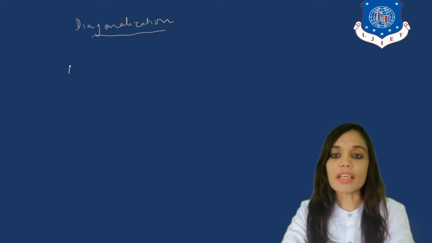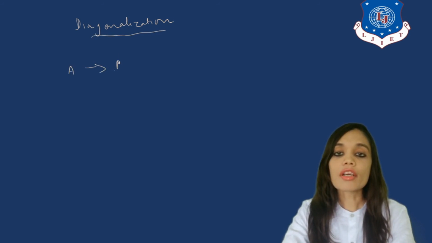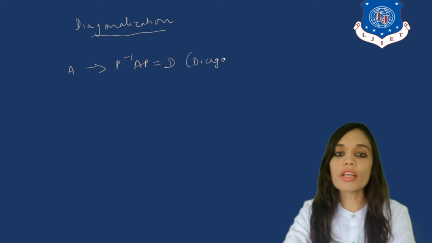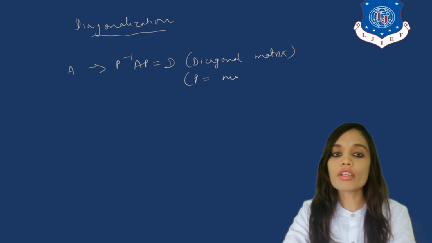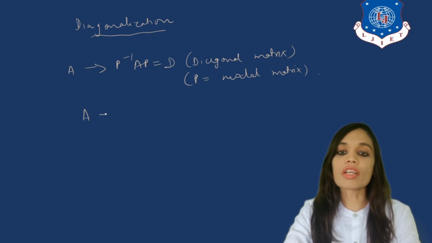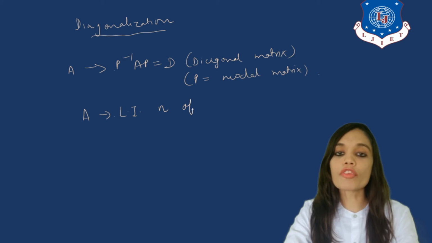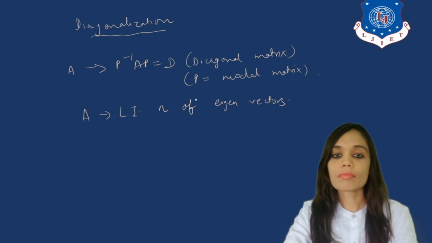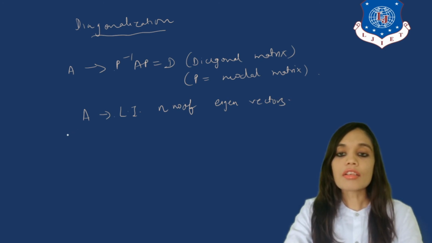Now in today's lecture we have studied diagonalization. A matrix A is diagonalizable whenever P inverse AP equals D, where D is our diagonal matrix and P is known as the modal matrix. The matrix A is also diagonalizable if it has n linearly independent eigenvectors. Next, what is the working rule to find the modal matrix P?